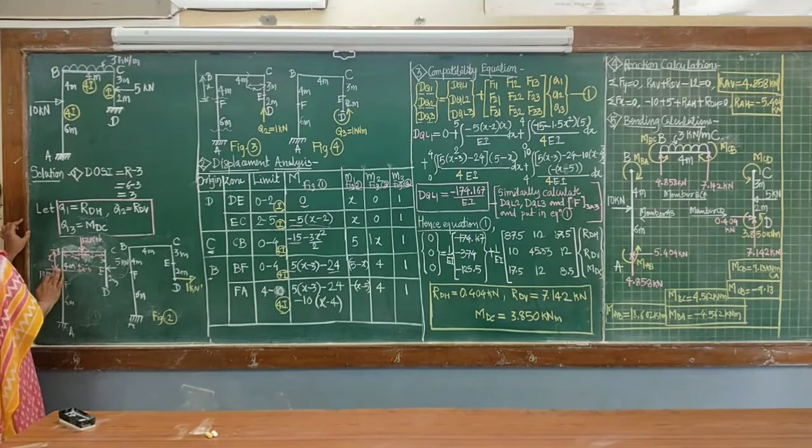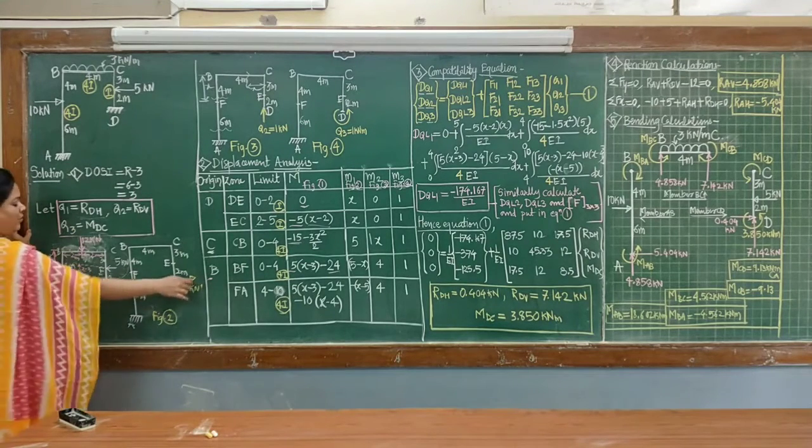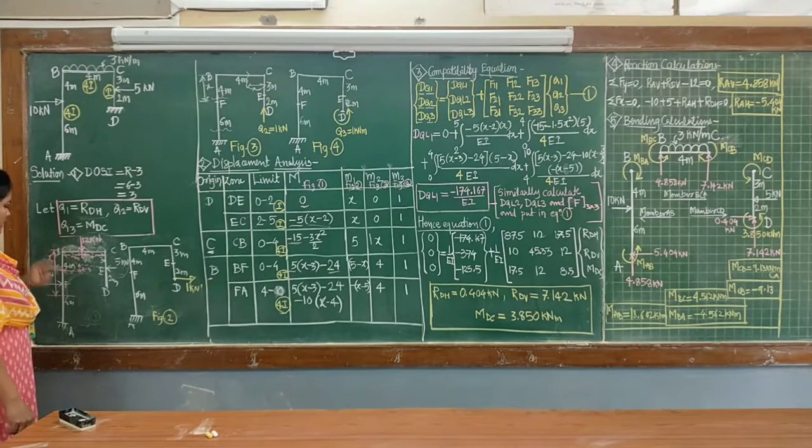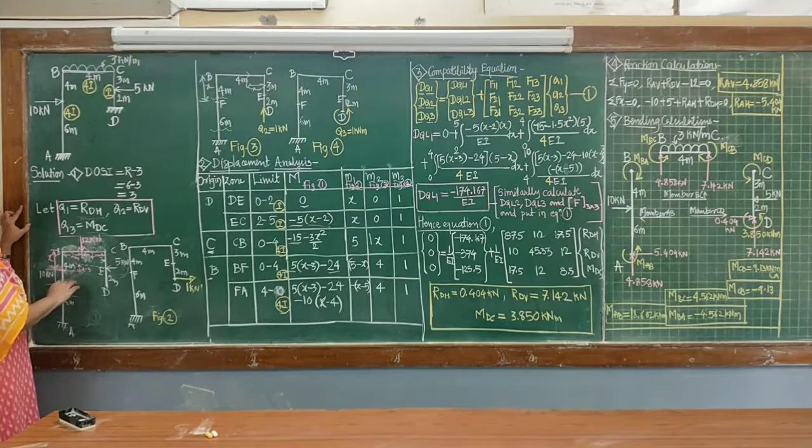Now you have to extend this section in the FA zone. So take a section in the FA zone at a distance x. In the next zone, if the origin is the same, the moment of these forces in that plane will remain constant. Again you can take the moment here, 12 into 2, the moment about this section point, minus 24.